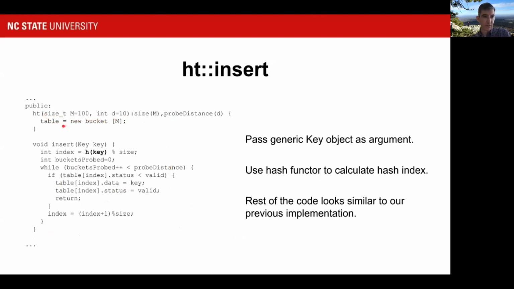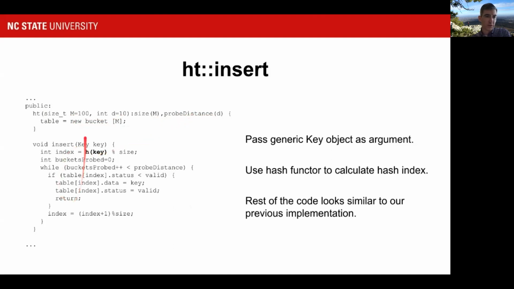Okay, then my code is going to kind of look like this. In my constructor, I'm going to allow my object to be initialized by specifying the size of hash table I want and by specifying the probe distance. And so after I specify the value of m for the size, the constructor needs to allocate an array that's that big. It also needs to initialize the size member and the probe distance member. So the rest of the code works.